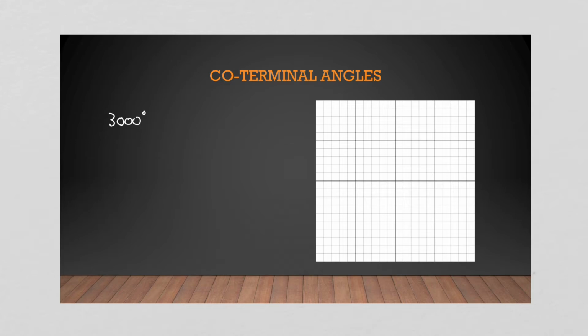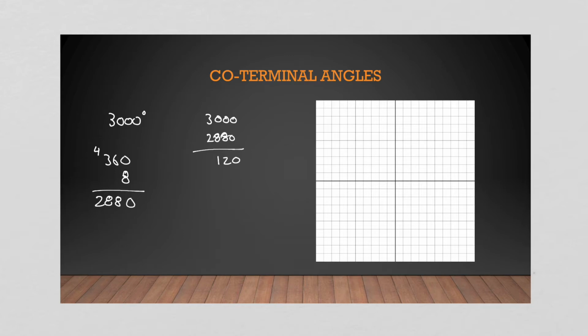So let's take 8 and multiply it by 360 degrees. So what that tells us is how many full rotations is 360 degrees. It's 2,880. So that means of that full 3,000, 2,880 were just excess rotations. And if we do that subtraction, we're left with 120 degrees.